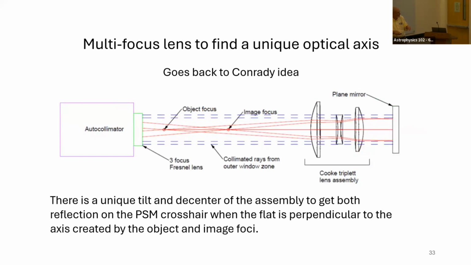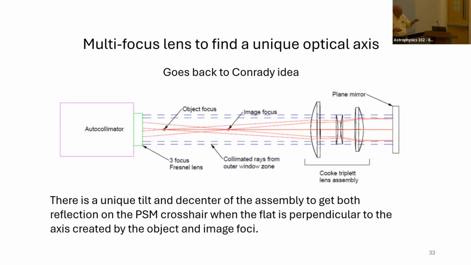Here I've got a Hook triplet, but I've got my multi-focus lens. Part of the light comes out collimated, but I have two different foci where it focuses in two different places.